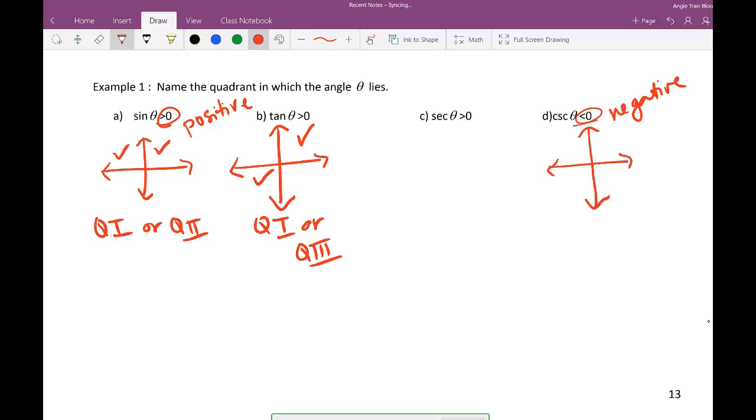What trig function can I use if you're not comfortable with cosecant yet? Sine, right? Think about when is sine negative. Sine's negative in? Is it 1 and 4? Sine? 3 or 4? Because sine's like y, right? So this has to be in quad 3 and quad 4.